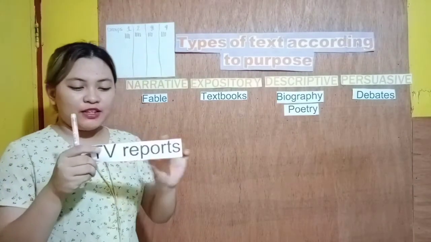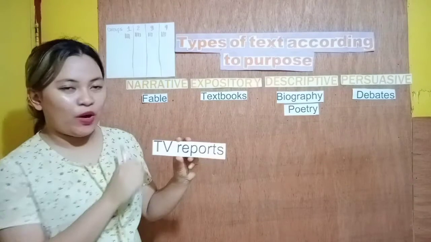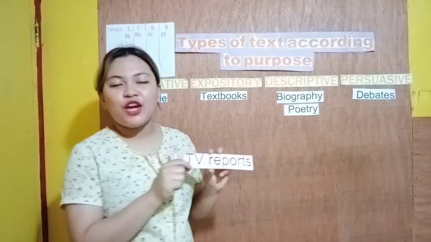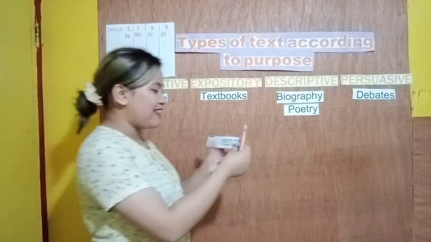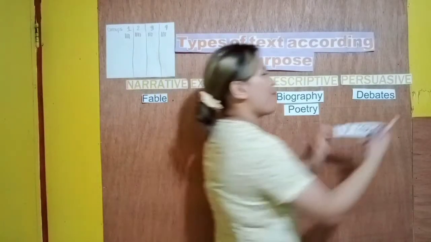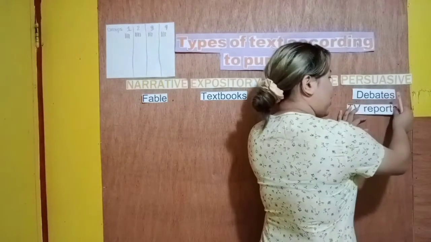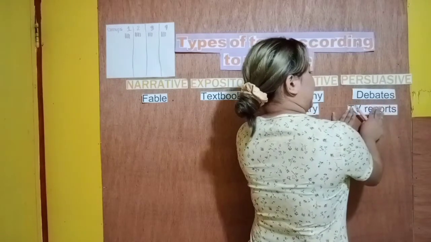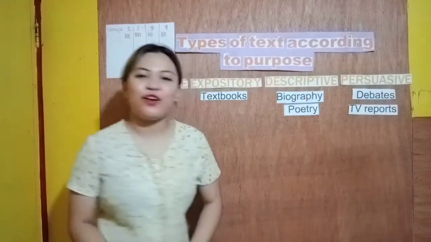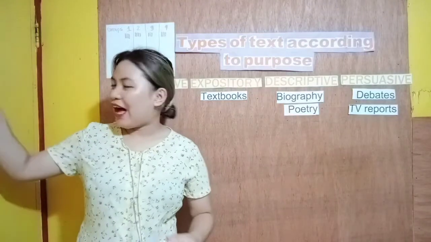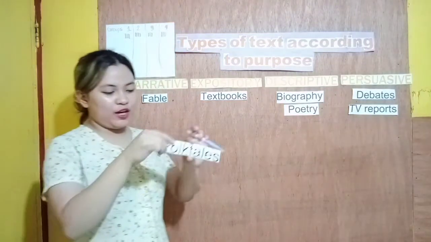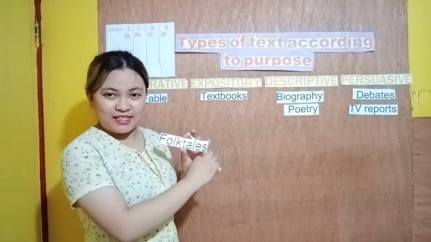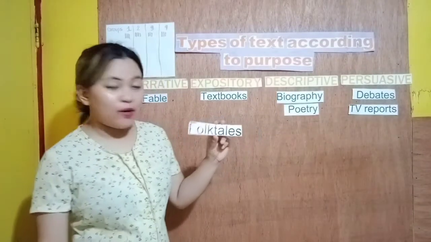This one, TV reports. 3, 2, 1. Yes, very good. This is an example of persuasive text. Now for the last 2 examples, we have folktales. Where do folktales belong?